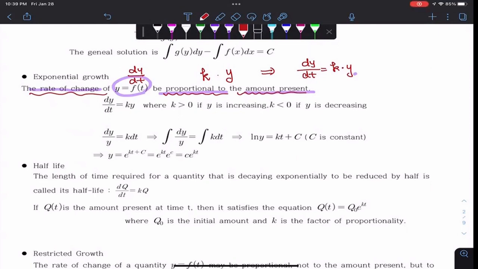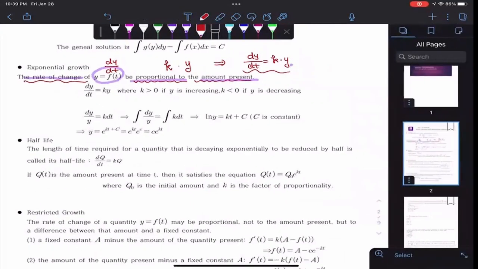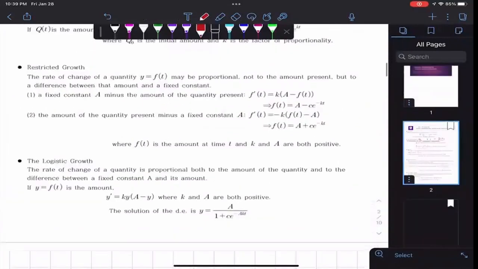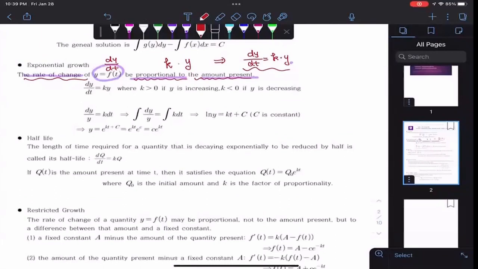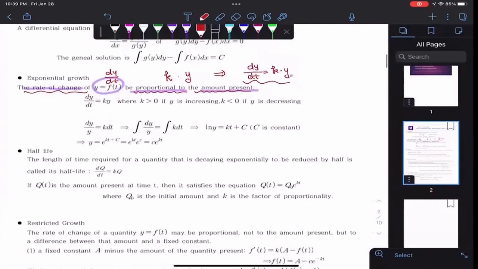To solve this equation, let's apply the separable method.